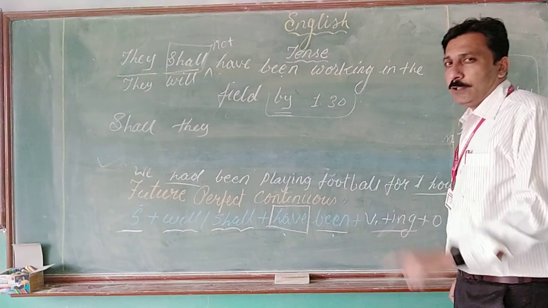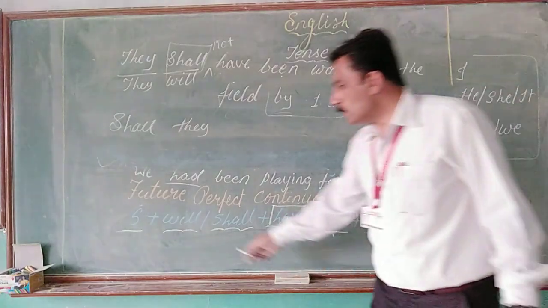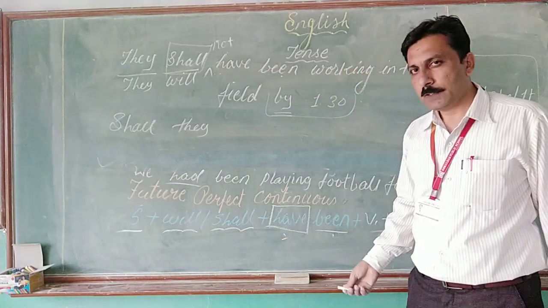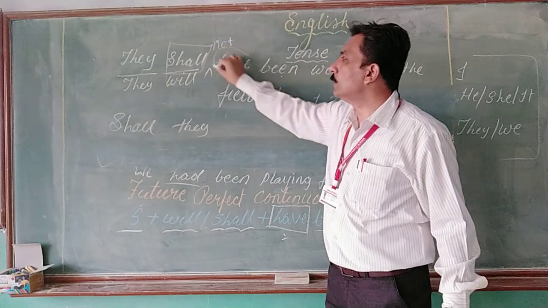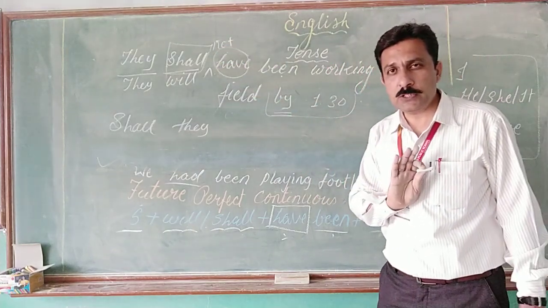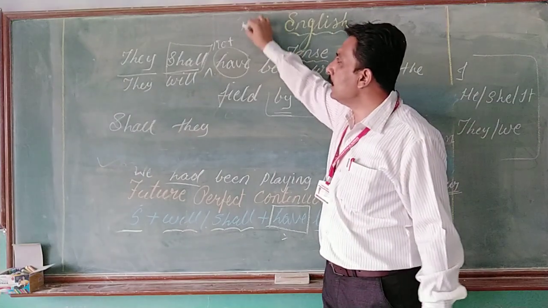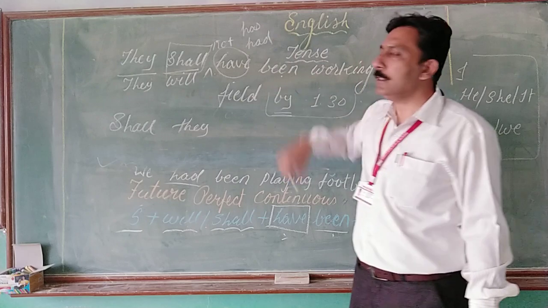Now one more thing I want to tell about this "have". That is, with will and shall, we always use have. There is no chance of using has or had.